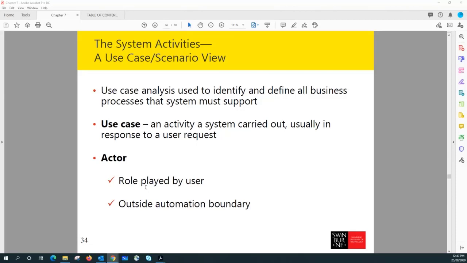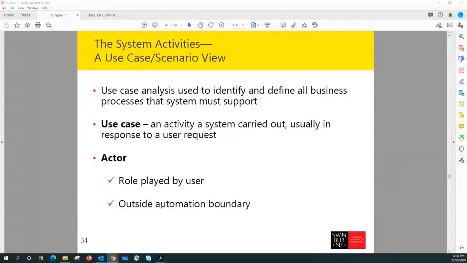In your subsystem, it can be a doctor, a nurse, a patient, or maybe some suppliers who supply stationery, or the accounting department person or whoever, depending on the subsystem you are talking about.